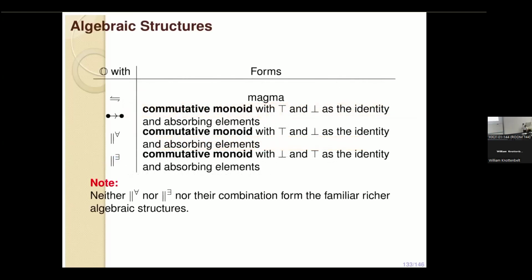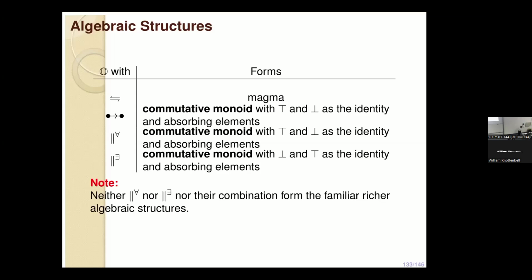So some of the algebraic results, for those who have a love for algebra: we have worked out which of the four operators constitutes which algebraic structure. For example, the last-to-finish forms, I'm going to read it, a commutative monoid, and top and bottom are the identity and the absorbing elements.